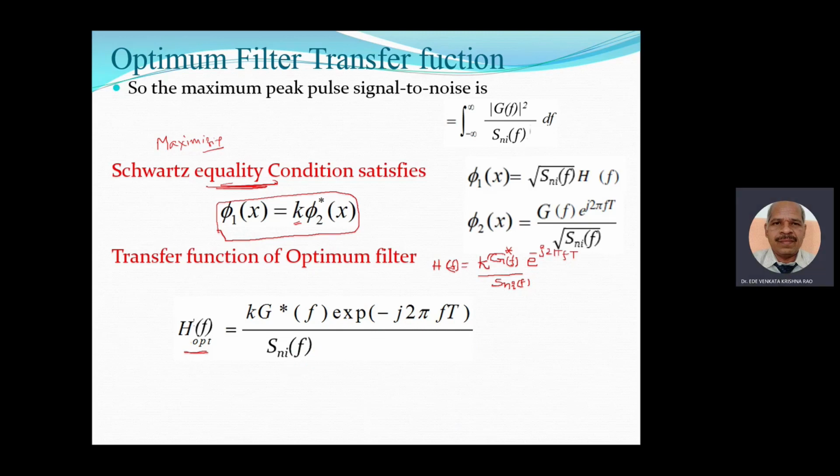It can be taken into consideration for getting maximized output when the signal and the noise are given. That filter will give the optimum output in such a way that its transfer function satisfies this condition.